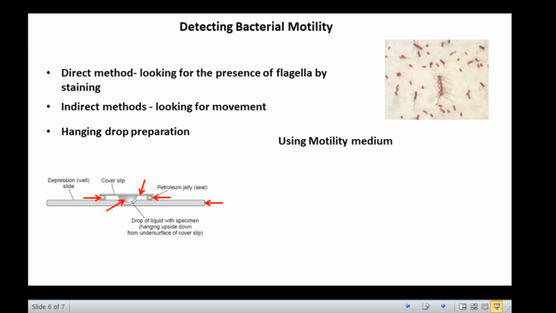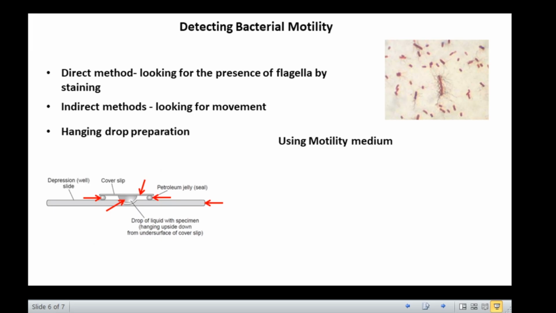The second method is using motility medium. This is a semi-solid medium that will hold non-motile bacteria in place, but motile microbes can swim through it. The medium is inoculated with the bacteria in a straight line stab with an inoculating needle.